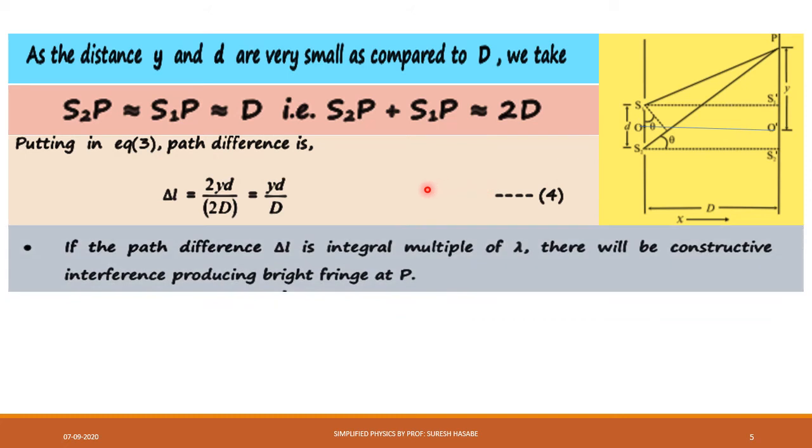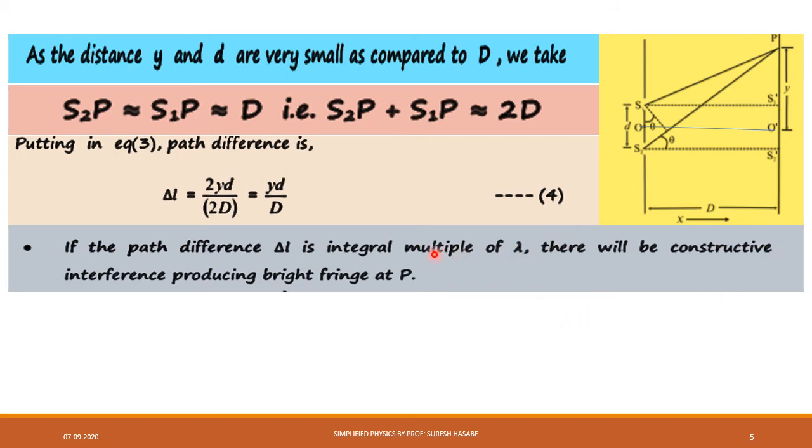Now, look at this. If the path difference, delta L, is an integral multiple of lambda, you have to remember this term, there will be constructive interference producing a bright fringe at point P. Okay, point P पे bright band कब आएगा?